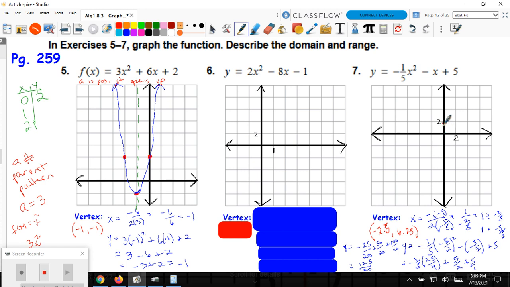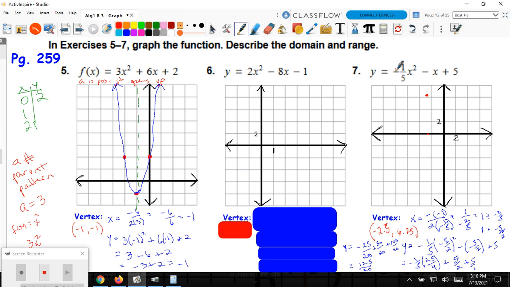Now we're saying these are all going to go by 2's. The y-axis is going to go by 2's and the x-axis is by 2's. So this is -2. Halfway would be -3, so it's going to be half of that. There's my -2.5, and then I got to go up 6.25. So 2, 4, 6, and we're going to be just a little bit above that. It's probably right about in there.